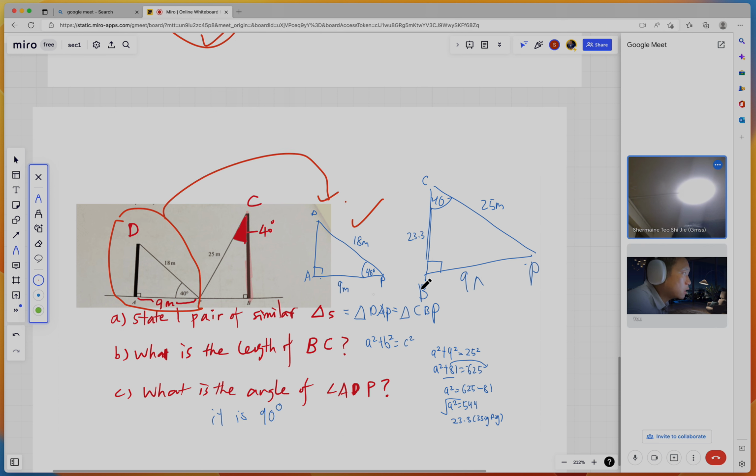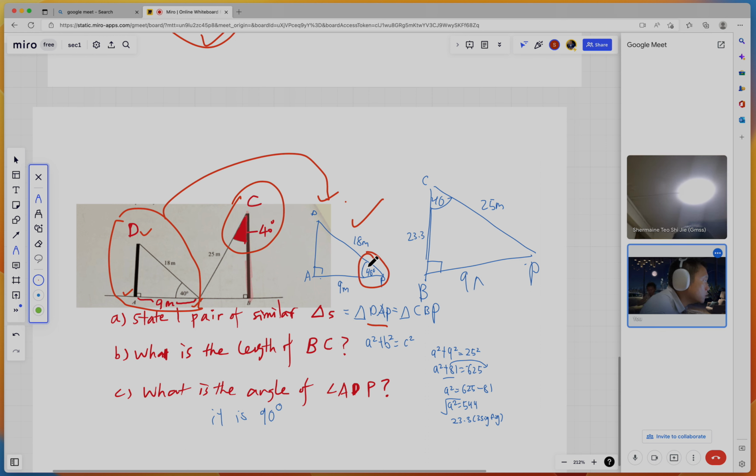Then the other one, this one is CB. So you say what? You say DAP. So DAP. Where's the 40 degree, by the way? It's here. Here, right? Yeah.